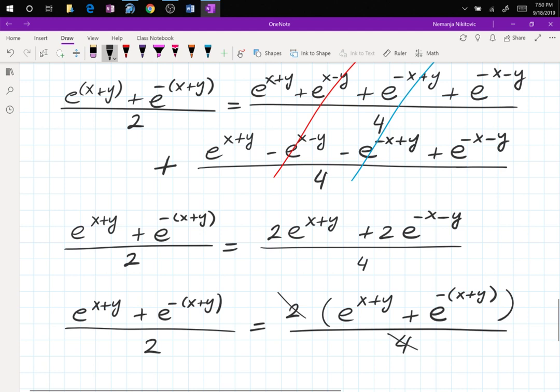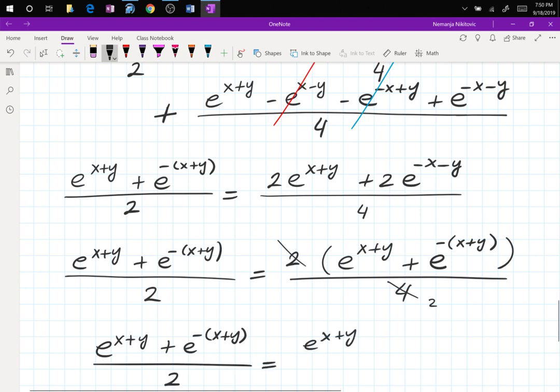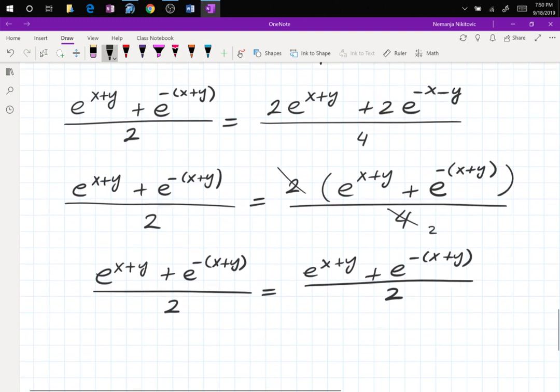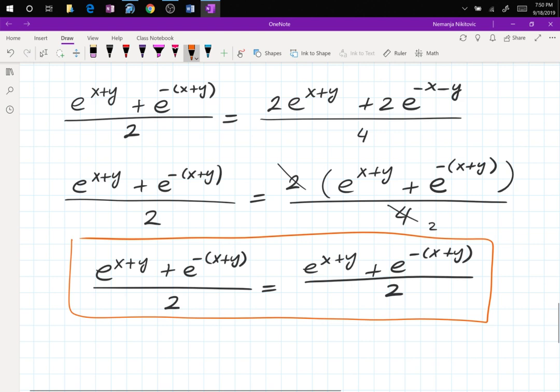Now these two cancel, you get a 2, and there they are, equal: e to the x plus y plus e to the negative x plus y divided by 2 equals e to the x plus y plus e to the negative x plus y divided by 2. So that's how you prove an identity when you get the same expression on the left and the right.